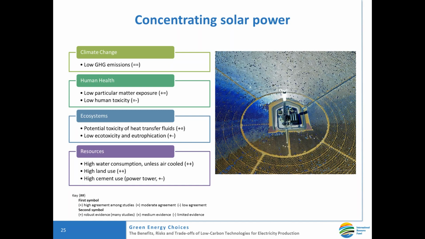In this technology, mirrors actually focus direct sunlight onto some collector, which produces steam, and the steam is converted to electricity. This technology has the advantage that the heat can be stored and electricity can be produced in the evening when there might be additional demand.